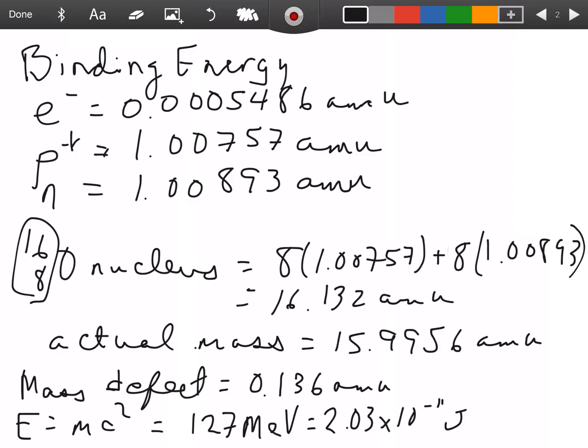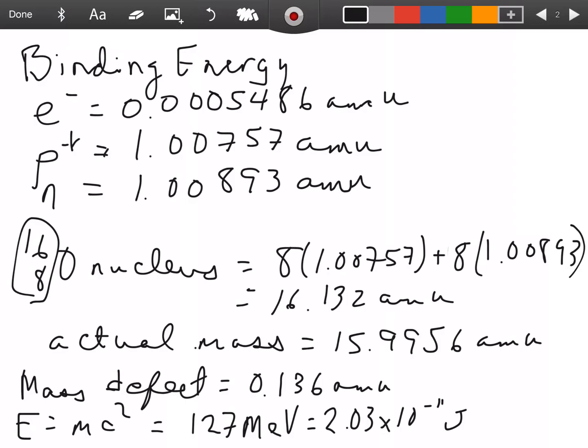Well, that does not seem like a whole lot of energy, but think about that. That is for a single nucleus of oxygen. If you wanted a mole of oxygen, then we would have to multiply this number by 6.02 times 10 to the 23rd. And if you did that, you would get 1.22 times 10 to the 10th kilojoules per mole of oxygen-16.